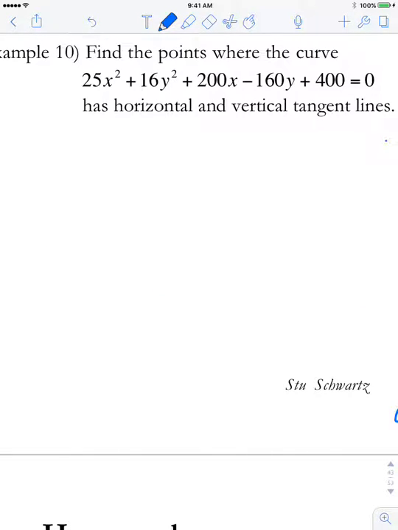All right. So now we're going to evaluate the function at y equals 5.